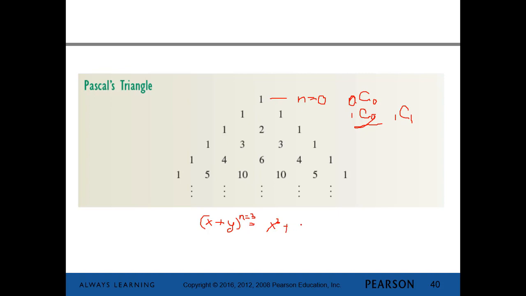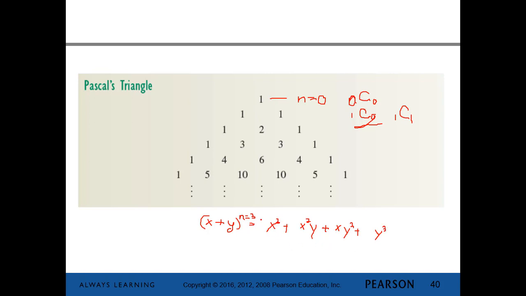plus x squared y, and then xy squared, and then there we go.